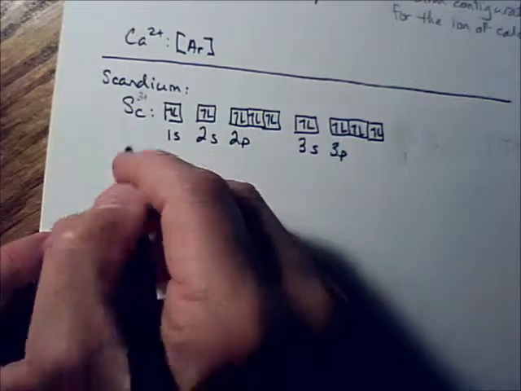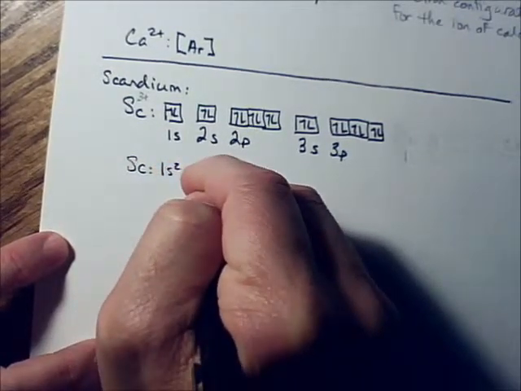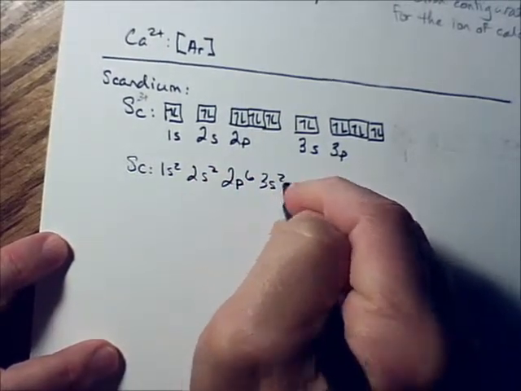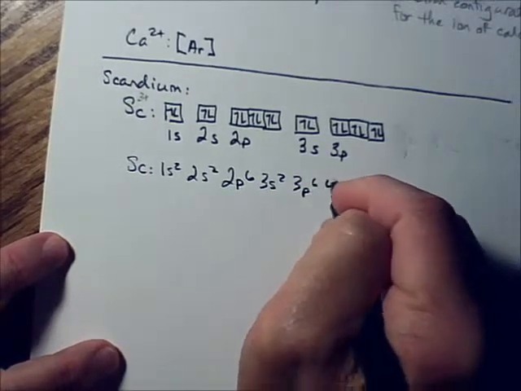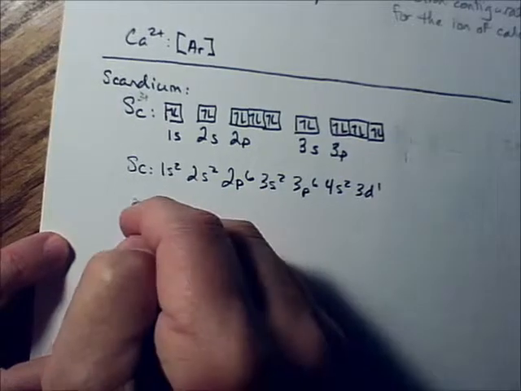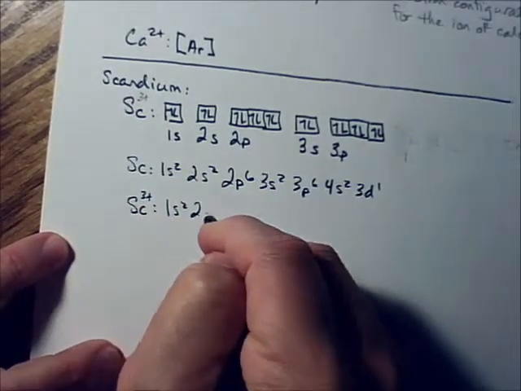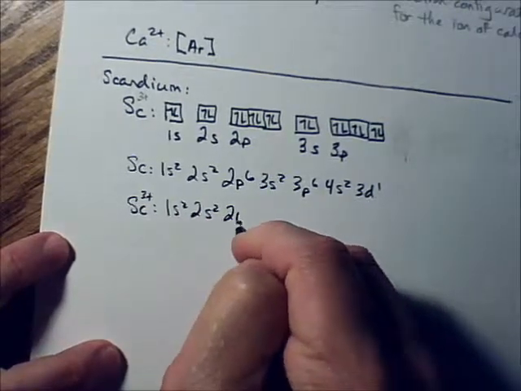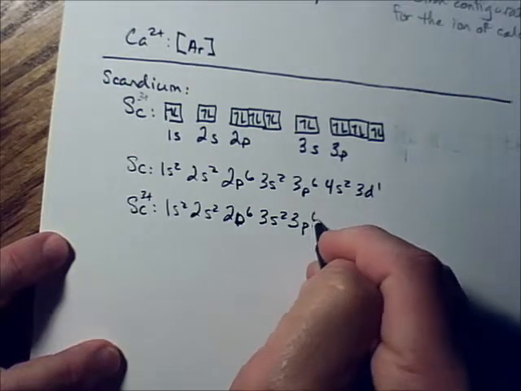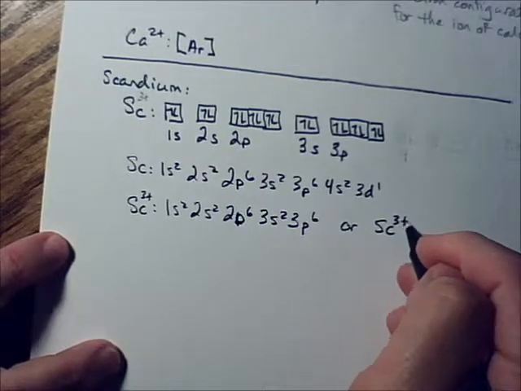Okay, so the electron configuration for scandium, the atom, 1s2, 2s2, 2p6, 3s2, 3p6, 4s2, 3d1. But the ion of scandium, 3+, 1s2, 2s2, 2p6, 3s2, 3p6, or scandium, 3+.